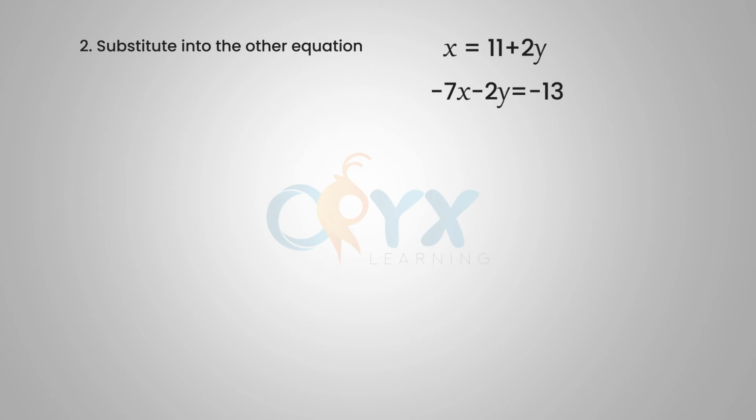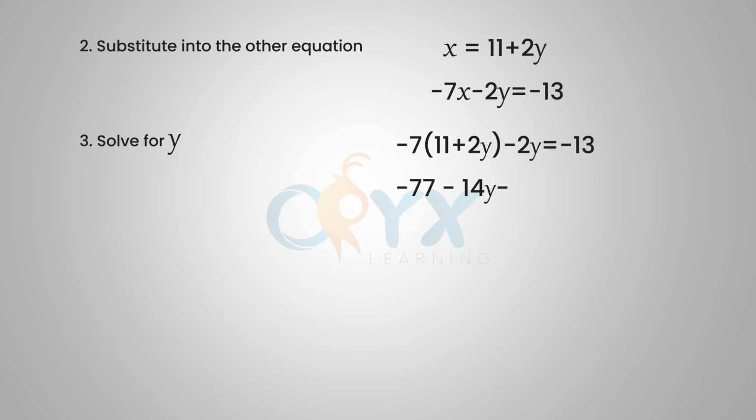If I substitute it in for x, I get negative 7 times the quantity of 11 plus 2y, the value of x, minus 2y equals negative 13. To solve for y, I need to distribute the negative 7, which gives me negative 77 minus 14y minus 2y equals negative 13.